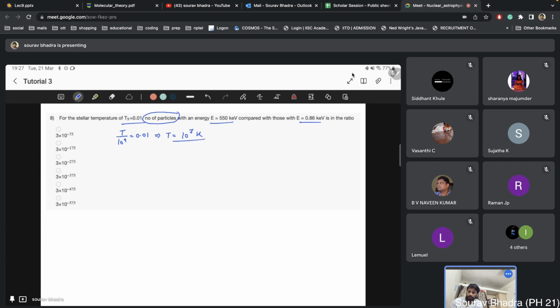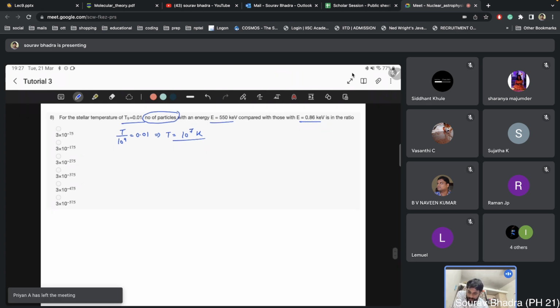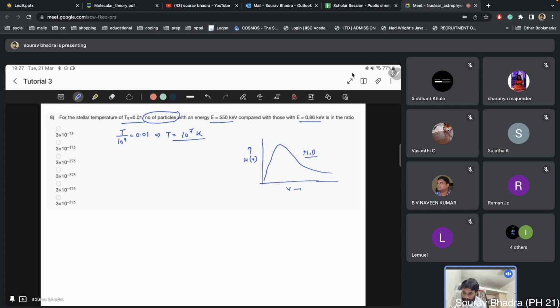For this we need to remember the probability distribution function, which has been done for the Maxwell-Boltzmann distribution. So the probability P of v, I will say it as the number of particles with v. This is a Maxwell-Boltzmann distribution, and the probability of finding a particle in the range dv.